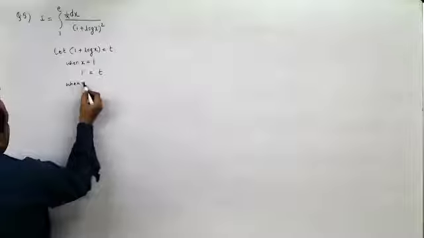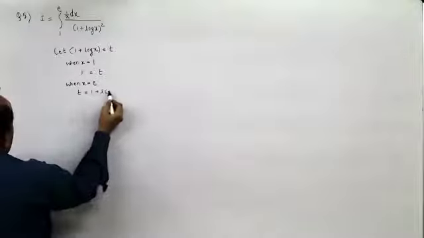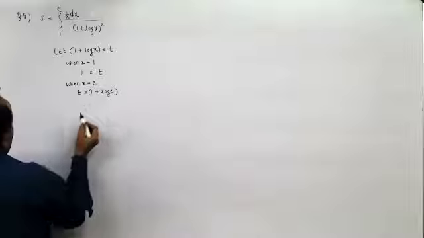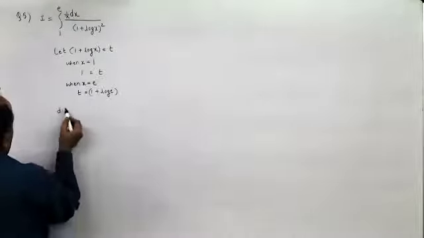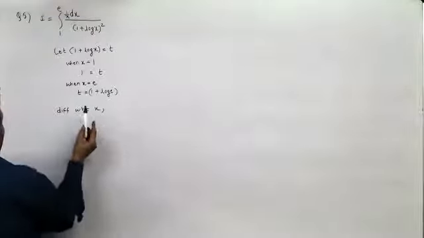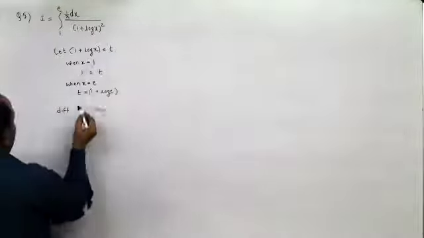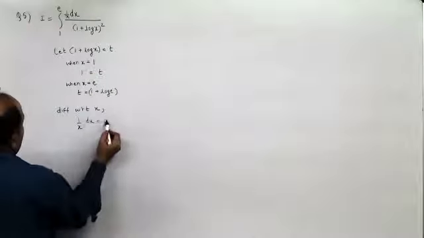When x is e, you will get t equal to 1 plus log e. I hope you haven't taken log e as 1. Did you take log e as 1? Sir, actually I didn't change the limits. You have to change the limit. When you are taking t, you have to change the limit. What is the derivative of 1 plus log x? That is 1 upon x, so dx by x equal to dt.